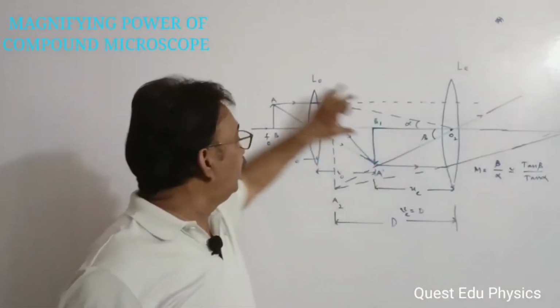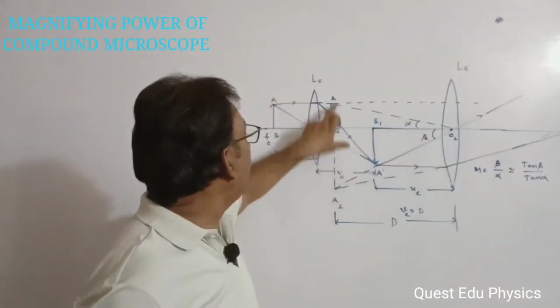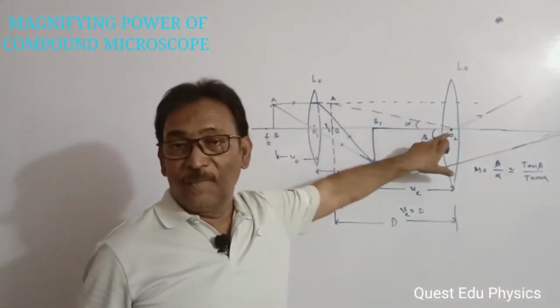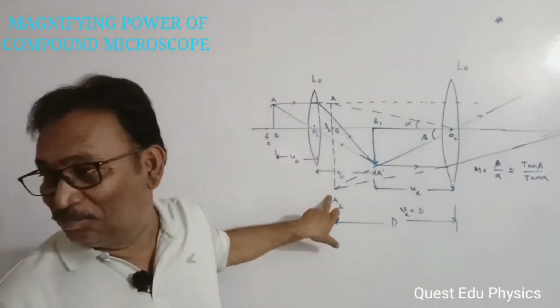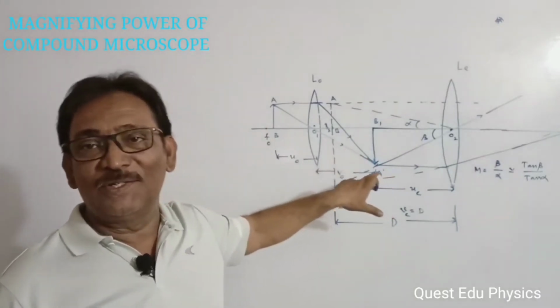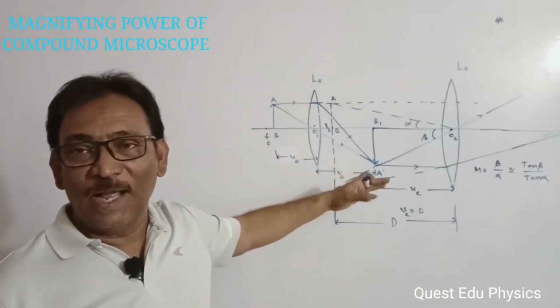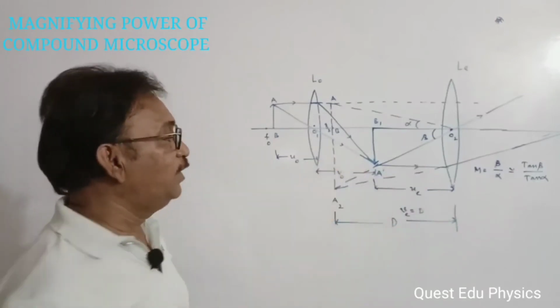If you watch carefully, O2BA is a triangle, and similarly O2B2A2 is one more triangle. These are very close to each other, that's why I am saying it is near to tan alpha and tan beta.